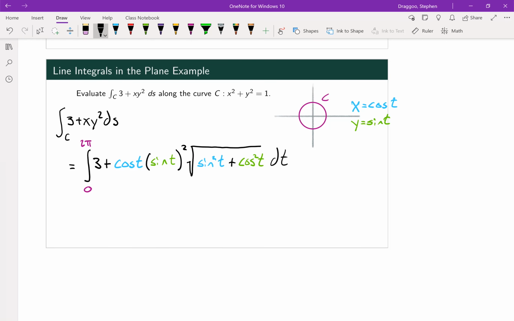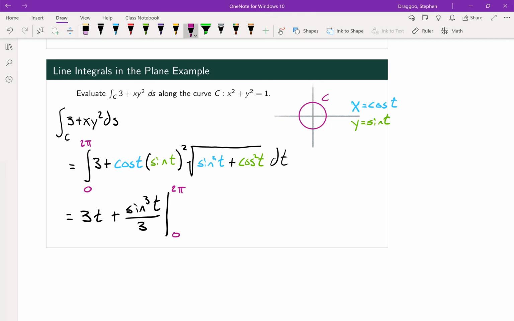So this thing ought to integrate to 3t plus sine cubed over 3, evaluated from 0 to 2 pi. Now, sine is going to have the same value at 0 and at 2 pi, which means that that right term is just going to amount to 0 when we plug in both numbers and take the difference.